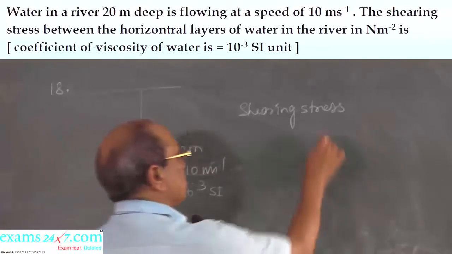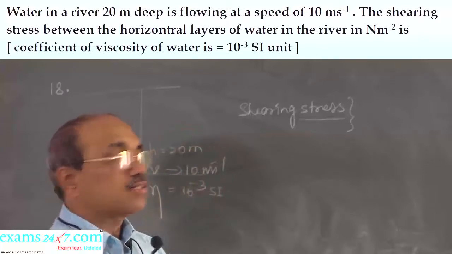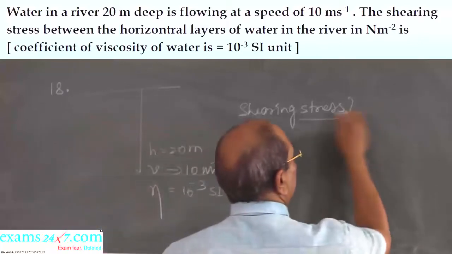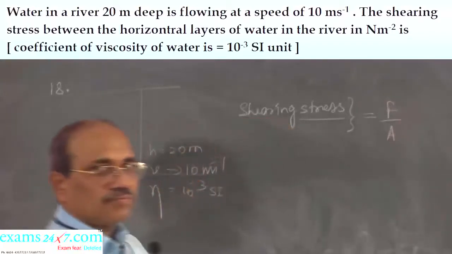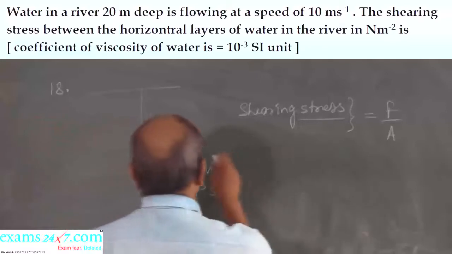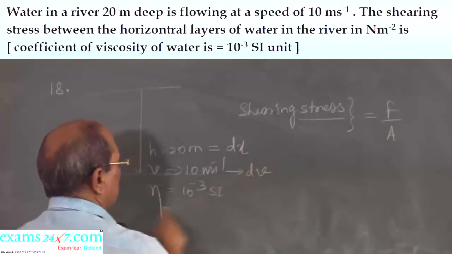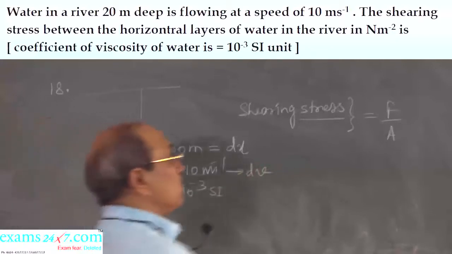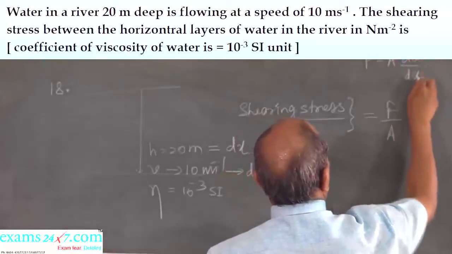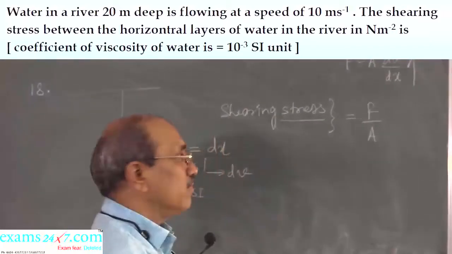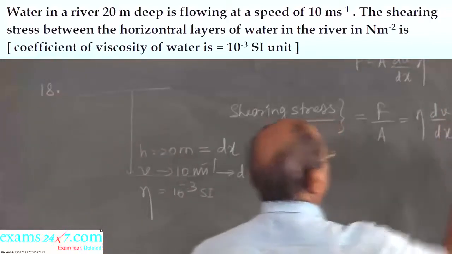The word stress: when it comes, don't keep your eye only on fluid dynamics or fluid mechanics. In elasticity, stress is nothing but force by area. So this H you take as dx, V you write as dV, and you are given η, which helps you because of Newton's formula you have studied: A into dV by dx into η is F. Now you can write η into dV by dx.